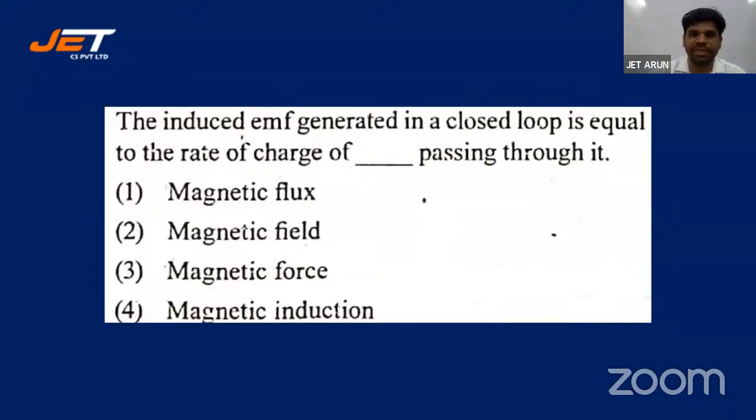The induced EMF generated in a closed loop is equal to the rate of change of dash passing through it. Magnetic flux, magnetic field, magnetic force, magnetic induction. Yes, Malesh, Jerry, Ria. What is your answer, Ria? Magnetic field. Okay.